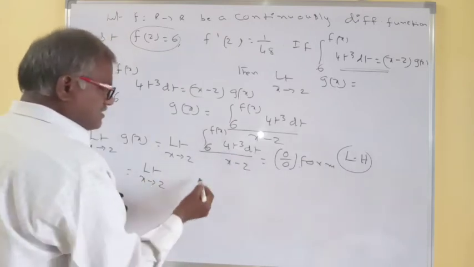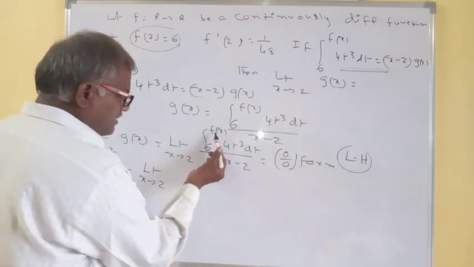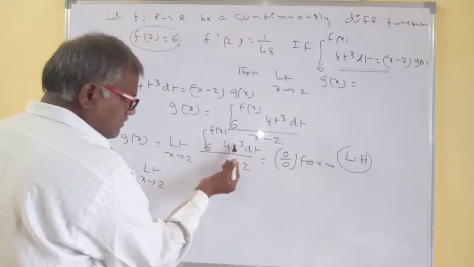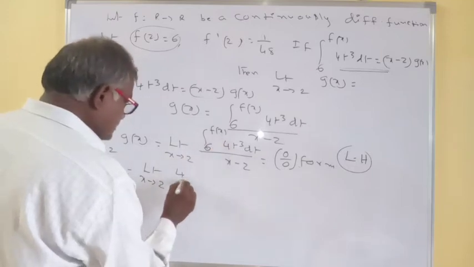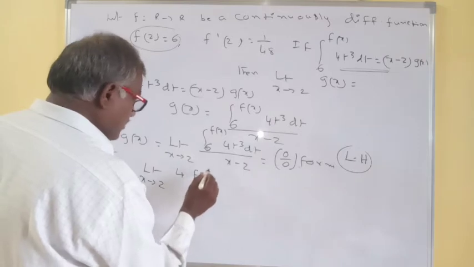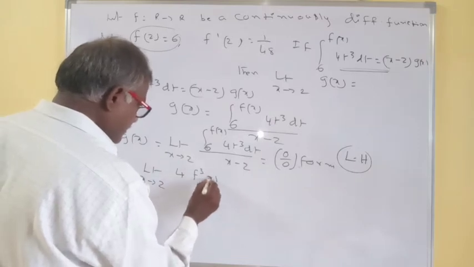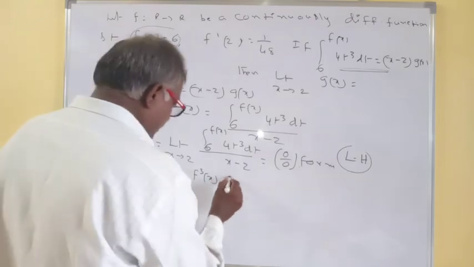Using Leibniz theorem, we simply put t equal to f of x. So for the upper limit, we get 4 f cube x into the derivative f dash x.